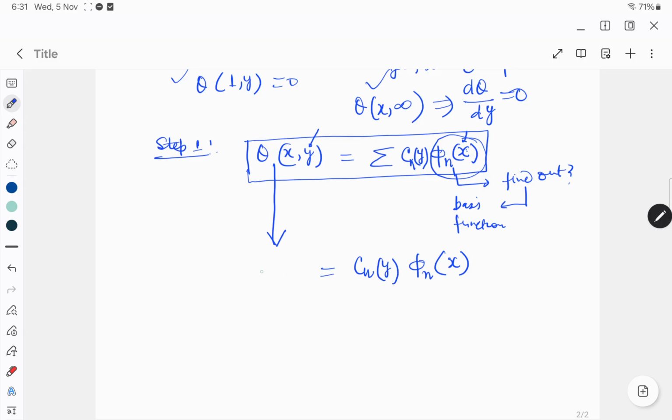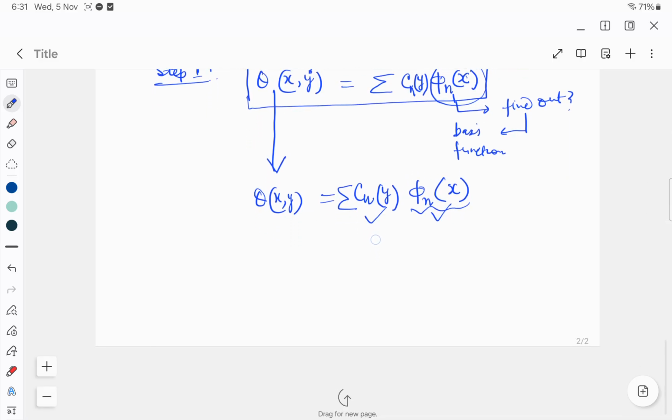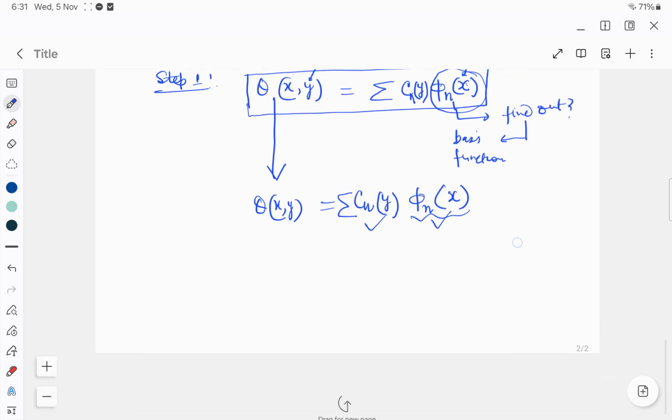This is very similar to the variable separable technique, because the variables have been separated: one function is a function of y only, the other a function of x only. This is the basis function. I will find this function later, but first I will write here what is the value of.